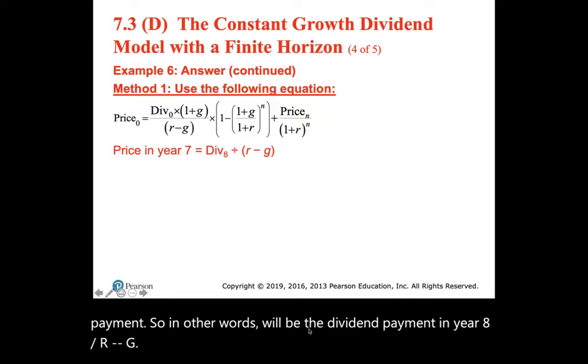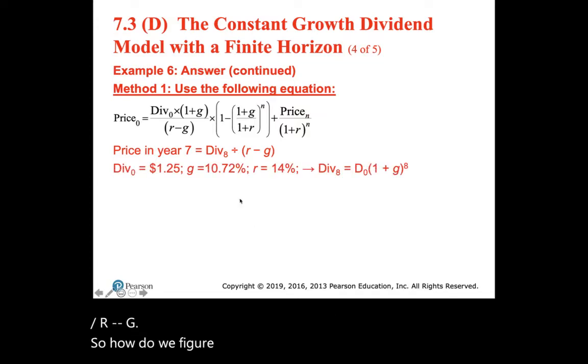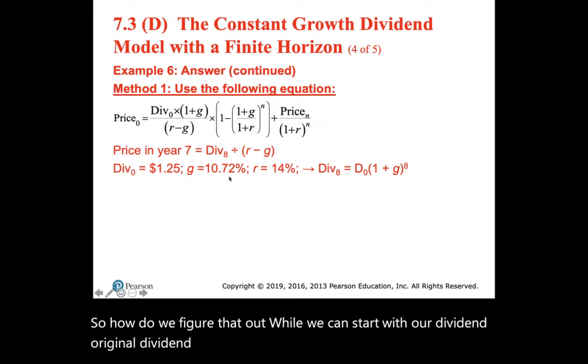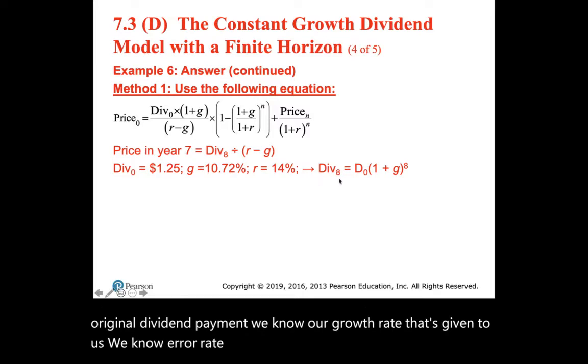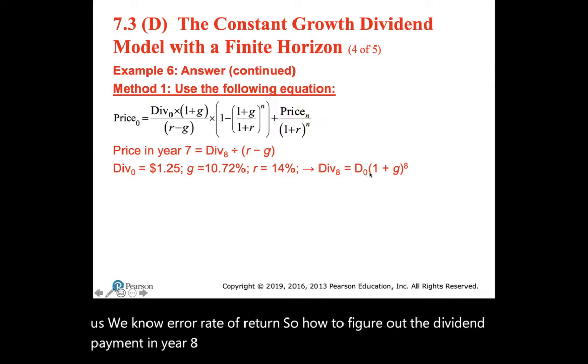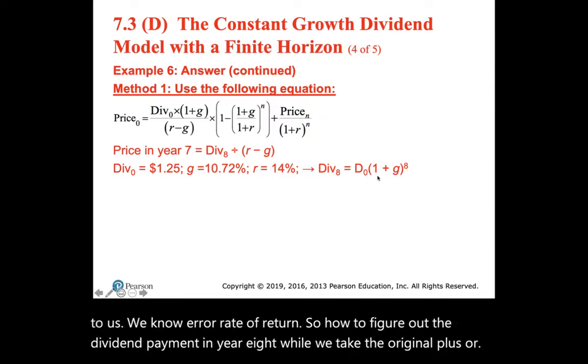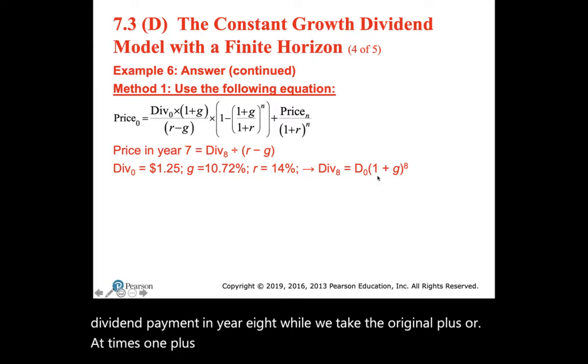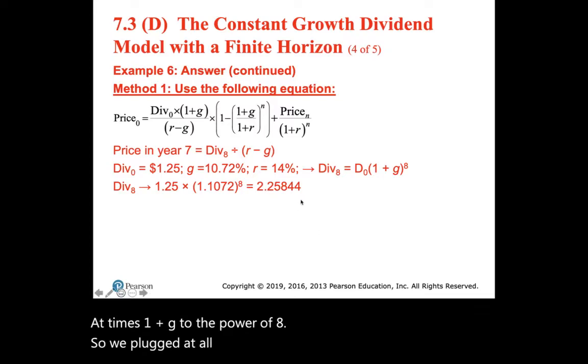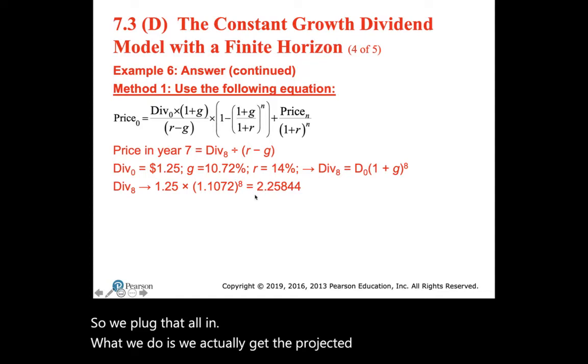So how do we figure that out? Well, we can start with our original dividend payment. We know our growth rate that's given to us. We know our rate of return. So how do we figure out the dividend payment in year 8? Well, we take the original times 1 plus G, to the power of 8. When we plug that all in, we get the projected dividend payment in year 8.